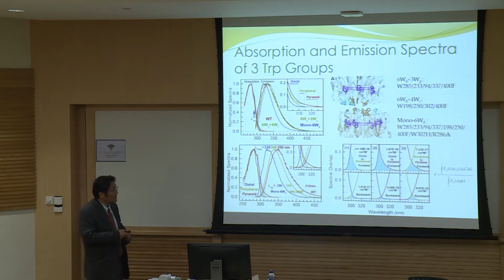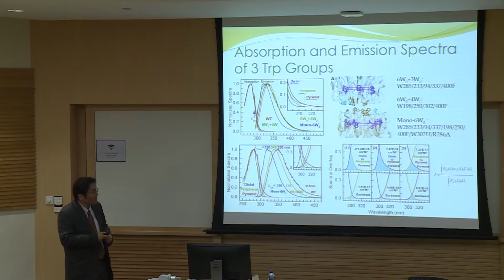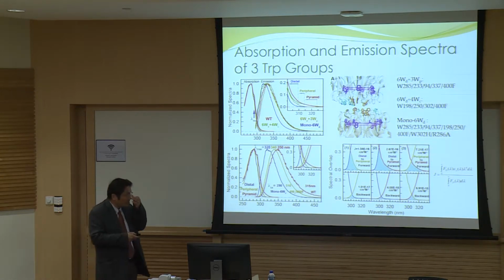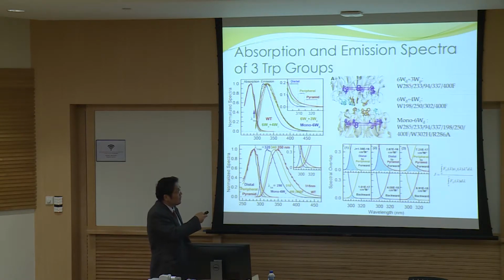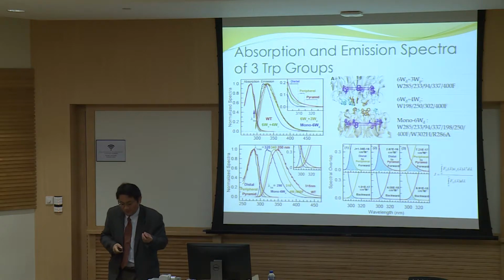Now this is a very busy slide, also very important. Here in this talk, for the first part, let's look at the first 3 mutants. So just follow me. With this notation, when we write 6WD plus 3WP, it means we lock out all this center pyramid tryptophan.